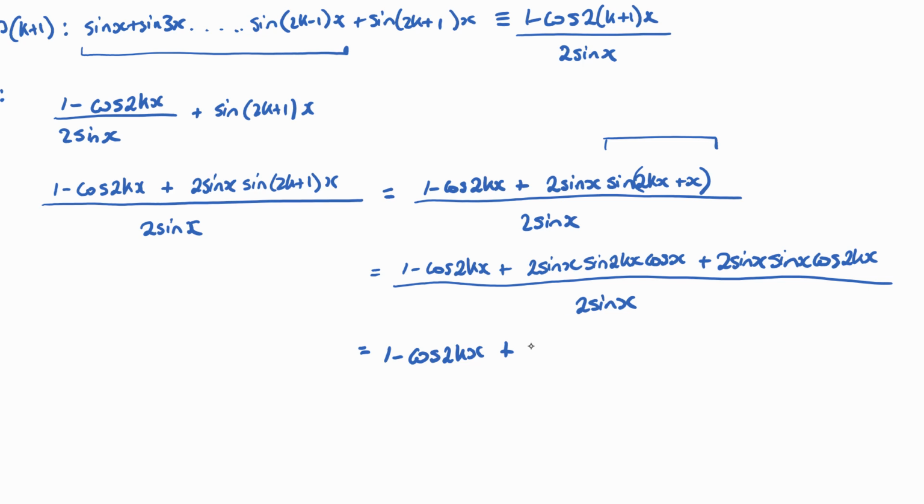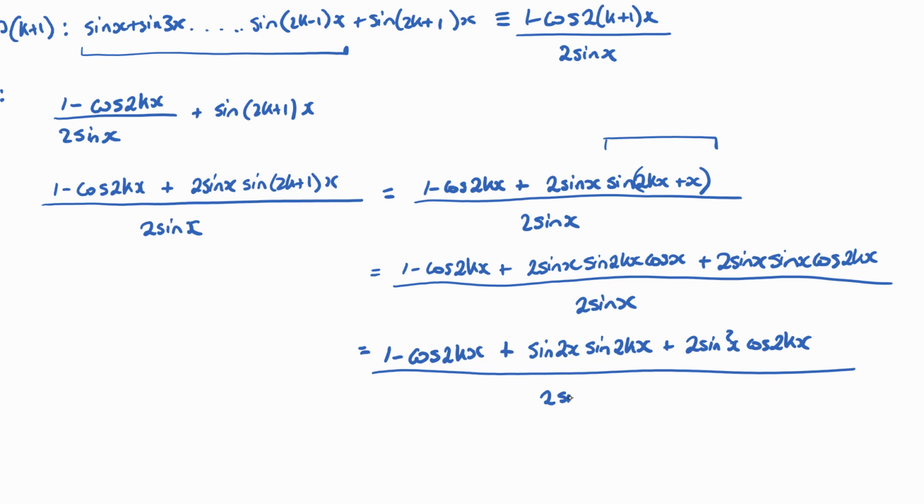So that's actually sine 2x. So sine 2x and then times sine of 2kx, and then plus sine x and sine x, I'll have 2 sine squared x cos of 2kx over 2 sine x.